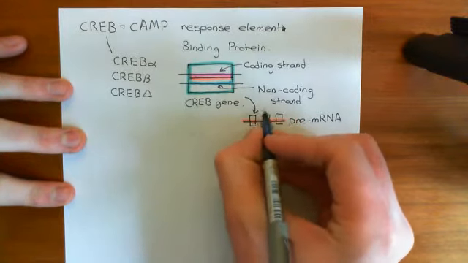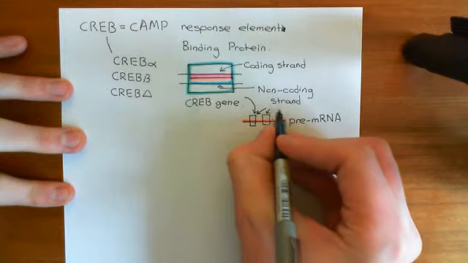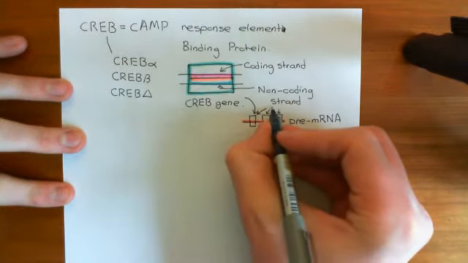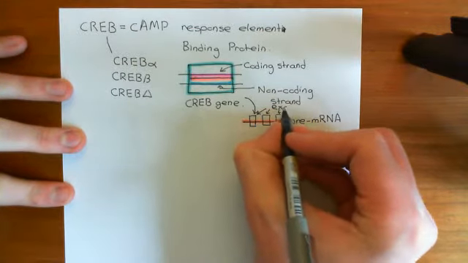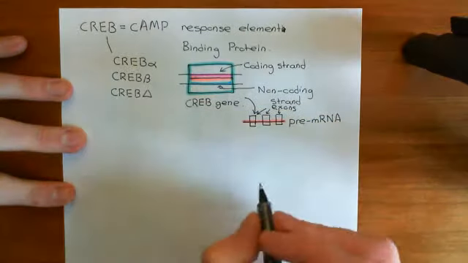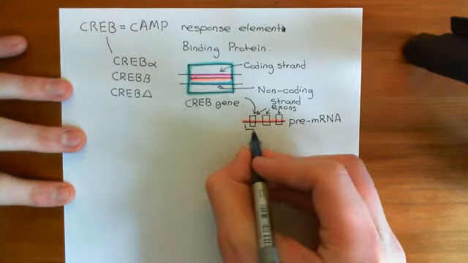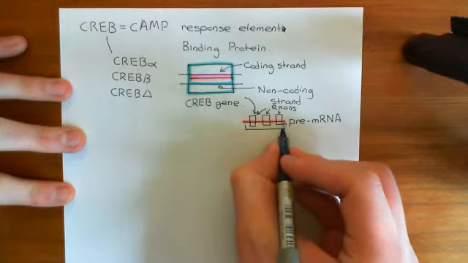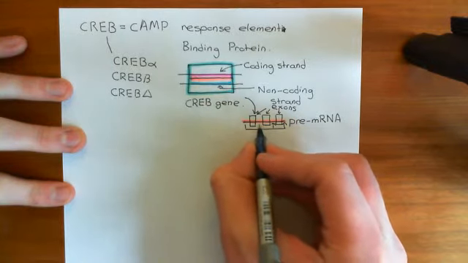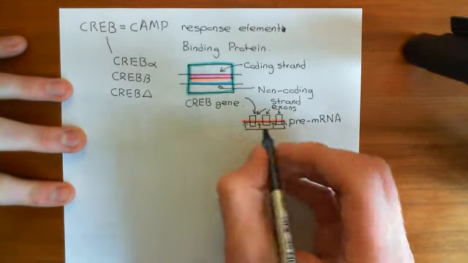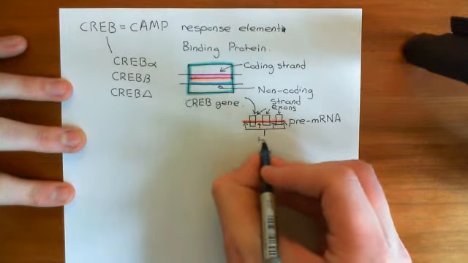So let's say that these three boxes here represent the portions that are supposed to be translated, and these will be the exons. The portions that are actually supposed to be used in translation are called the exons, and the portions in between the exons that are not supposed to be translated are called the introns.